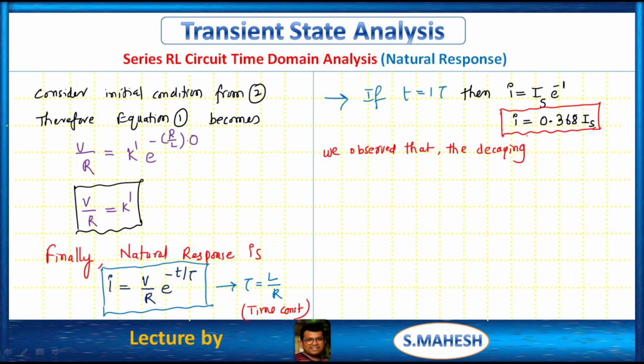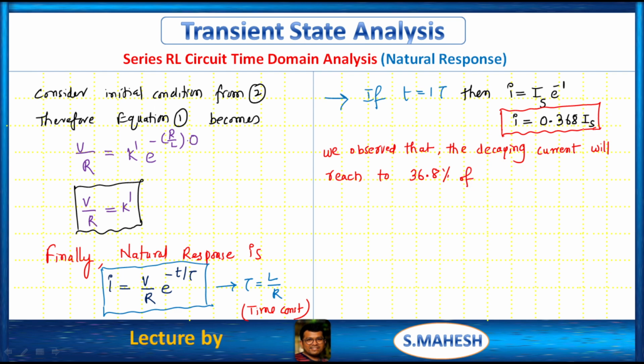When t equals 1 tau, 2 tau, 3 tau, like that, we are going to get the decaying function. The decaying current will reach 36.8% of, is it initial current or final current?